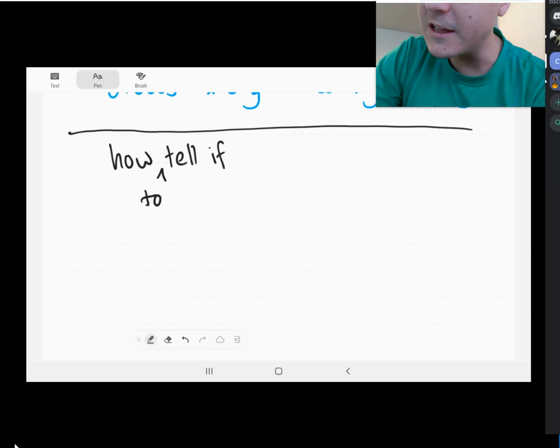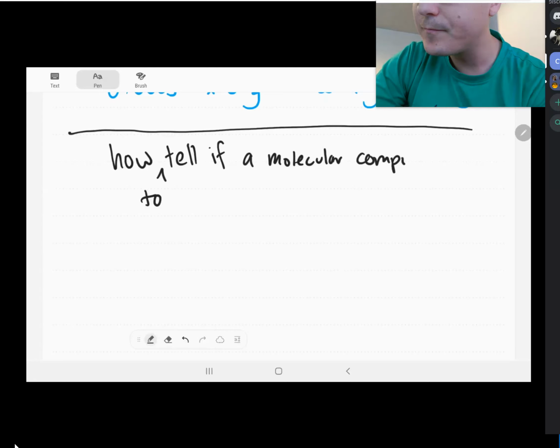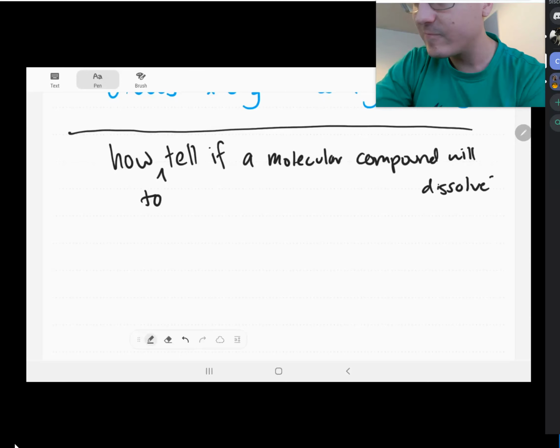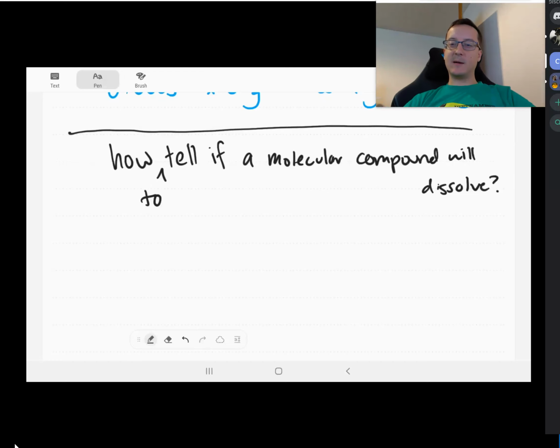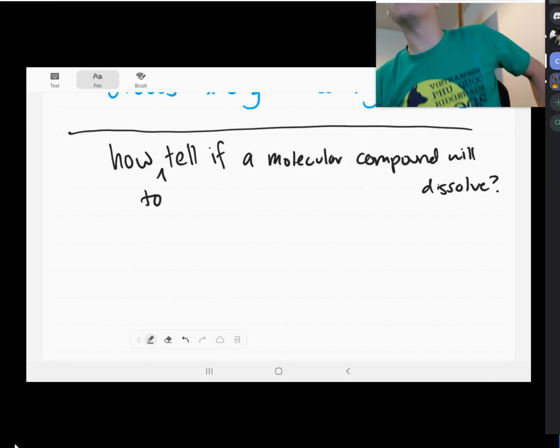Okay, how to tell if a molecular compound will dissolve. With this one, there are not going to be nice rules for us to follow. In this case, we just have some generalizations to make.